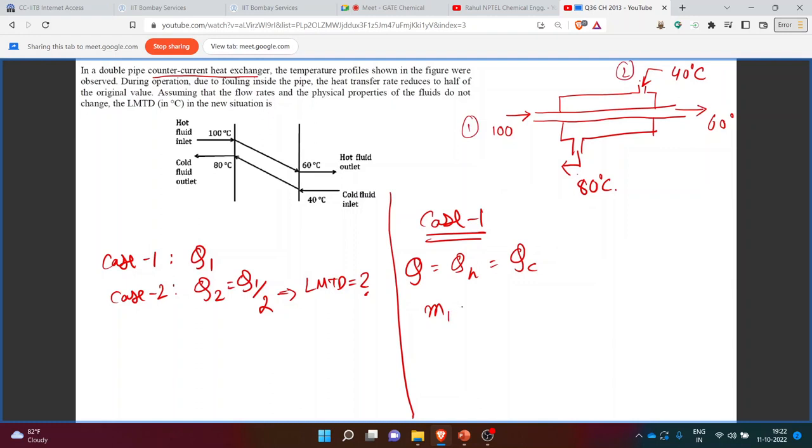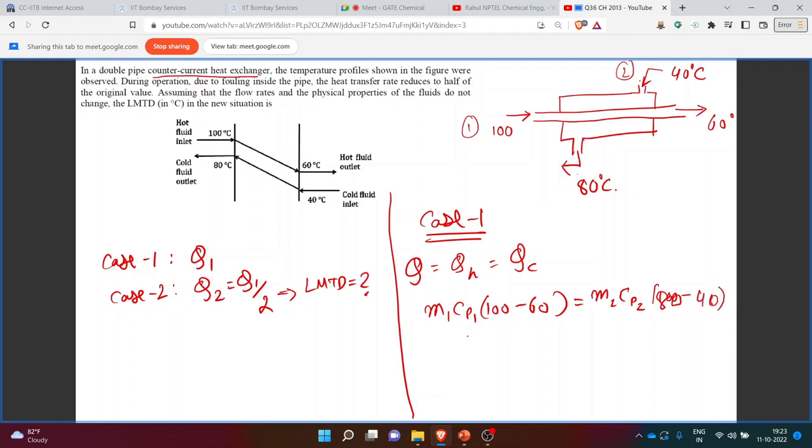So it will be M1 Cp1 times delta T, and delta T in this case will be 100 minus 60, and for the cold fluid it will be M2 Cp2 times 80 minus 40.